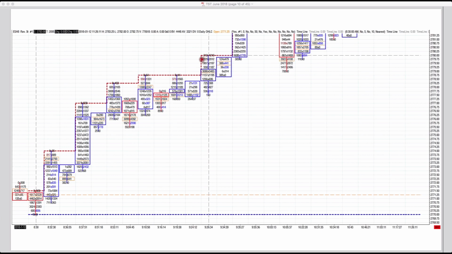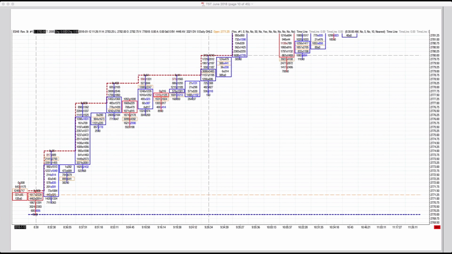So the footprint chart shows us the history of what was bought at every price level at the ask and what was sold at the bid. This is what most people consider as trading order flow.